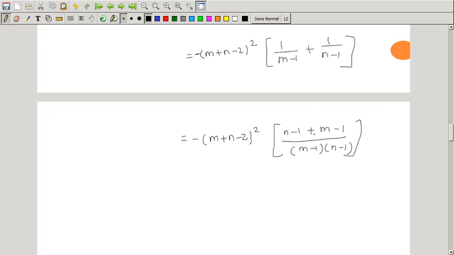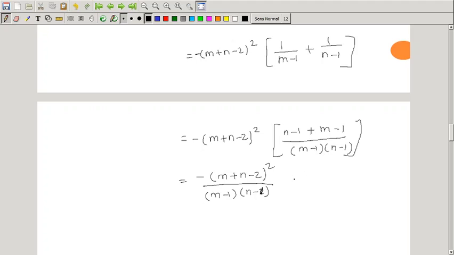That means here again this term is m plus n minus 2, and with this multiplied we get (m + n - 2) bracket square divided by (m - 1)(n - 1).